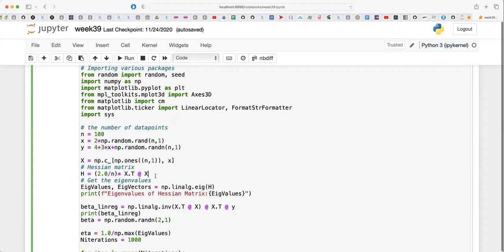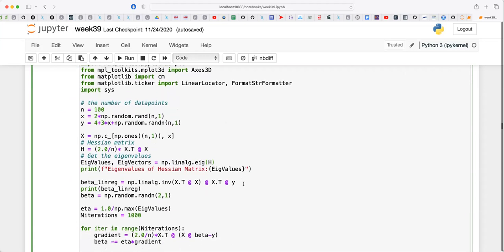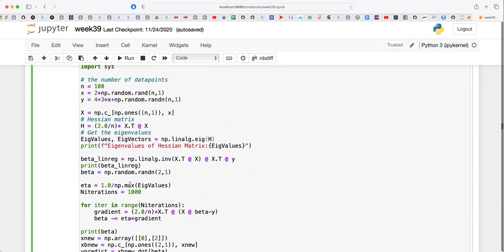One thing which I'm doing here is to use the Hessian matrix to guide me, and its eigenvalues. So I calculate the Hessian matrix, and I get the eigenvalues of that matrix. And then I'm going to use the max eigenvalue and just see what happens.